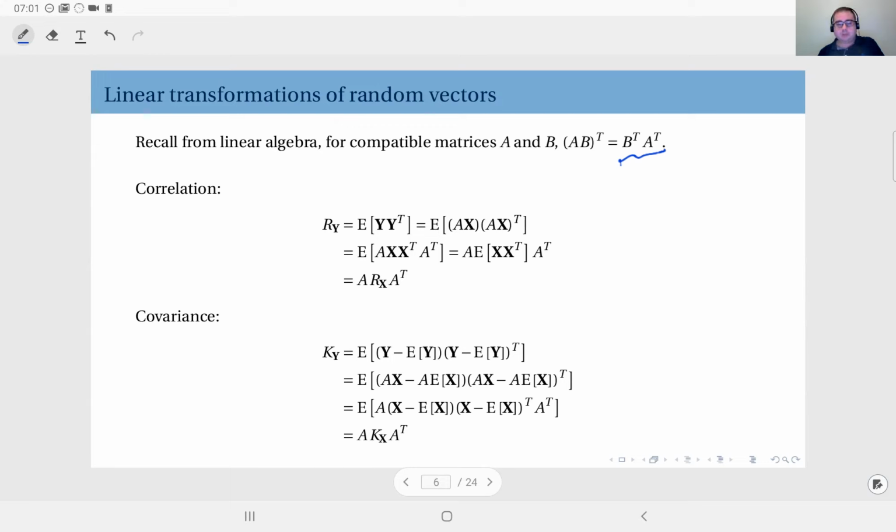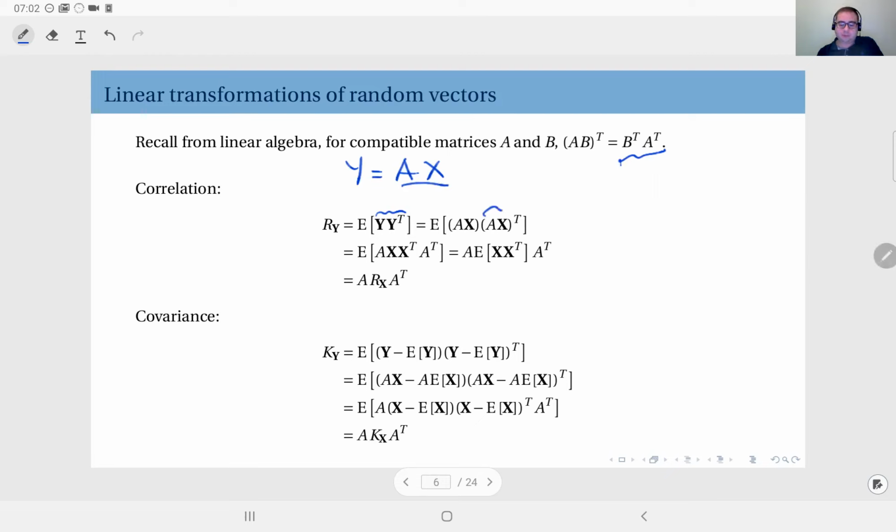And this will help us to write the correlation and covariance matrices of random vector y, defined as this transformation. The correlation matrix, of course, is defined by the expectation of this product, y times its transpose. And instead of y, I can put this definition, A times x, okay?